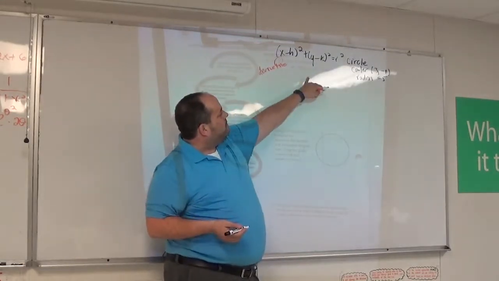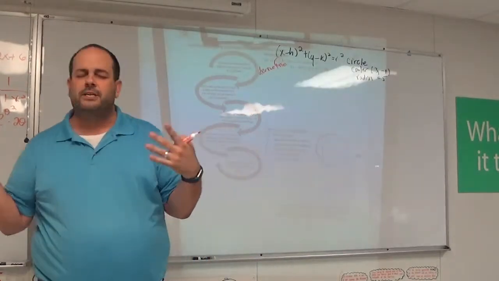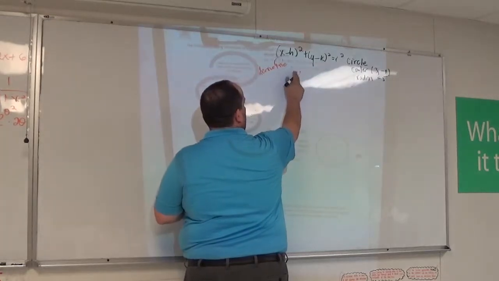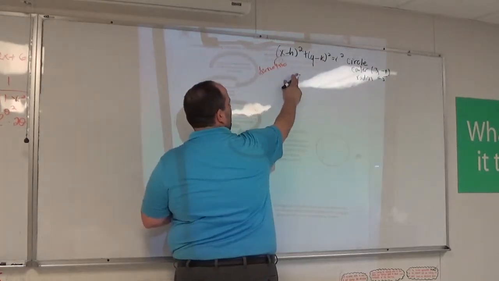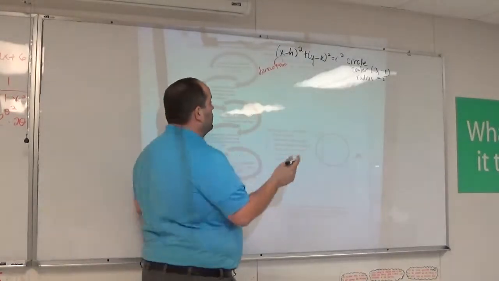Okay, x minus 3 squared plus y plus 4 squared equals 25. We're going to find a derivative, and pay attention, you're going to be just fine. For x minus 3 squared, what derivative rule do I need? Chain rule.